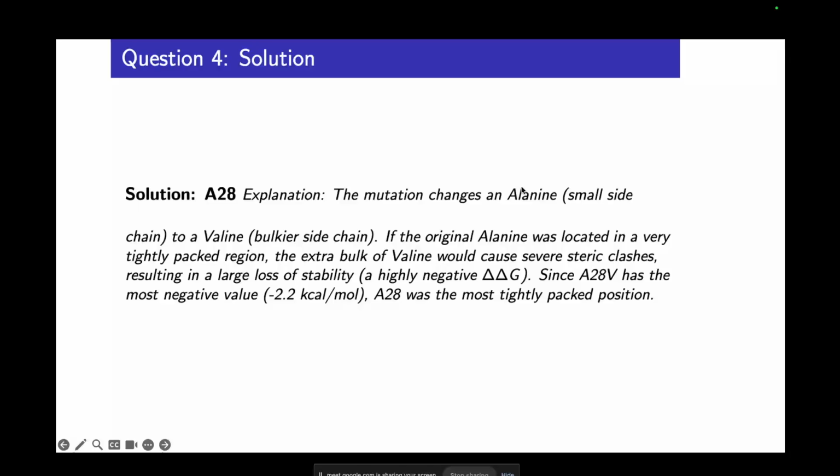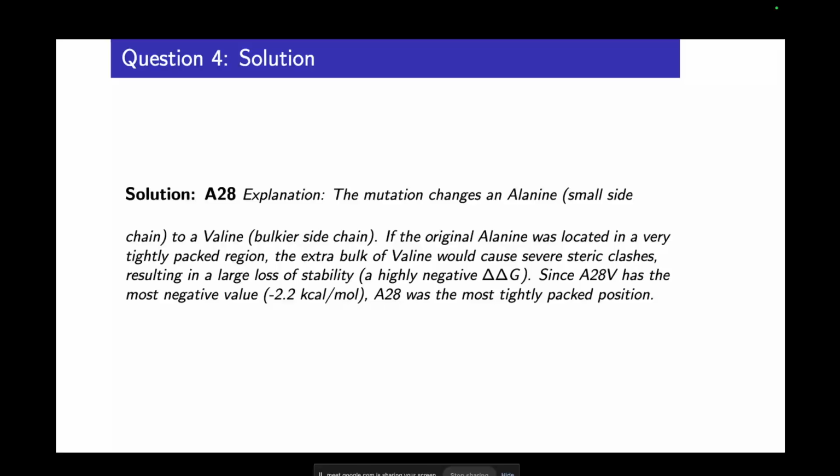This is changing alanine to valine, a smaller to a larger amino acid. If the original alanine was located in a very tightly packed region, the extra bulk of valine would cause severe steric clashes, resulting in a large loss of stability. Since this has the most negative value, this is the most tightly packed position.